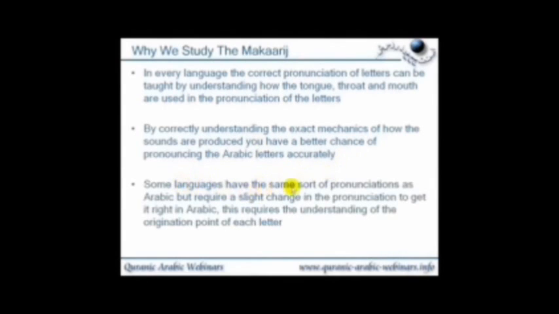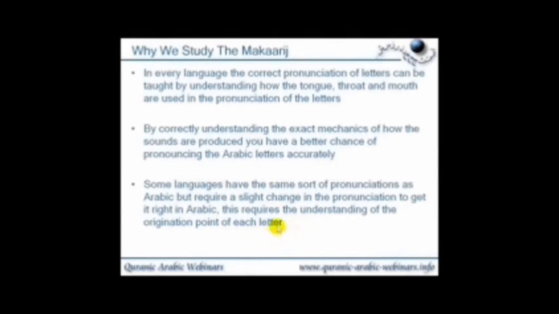Some languages have the same sort of pronunciation as Arabic, but require a slight change in the pronunciation to get it right in Arabic. This requires the understanding of the origination point of each letter. So some languages, like the one spoken in Pakistan, have the same sort of alphabets, but they pronounce some letters slightly different or even totally different depending on where the sound originates.